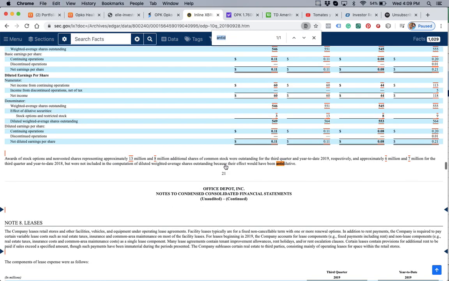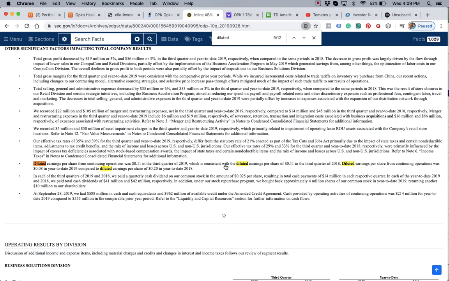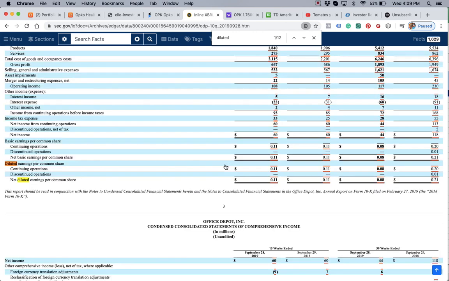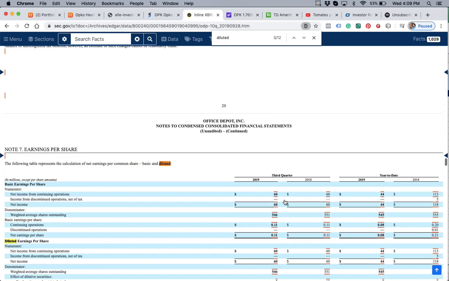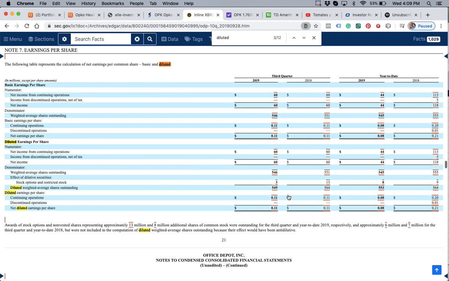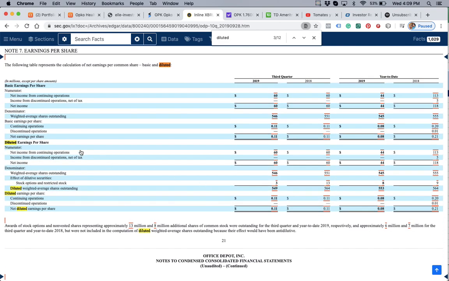Open it up. Do a search for the word diluted. So you navigate down to the income statement. Here we see what the diluted earnings were, but we want the diluted share count that was used to calculate the diluted earnings. So here we have the basic earnings per share.